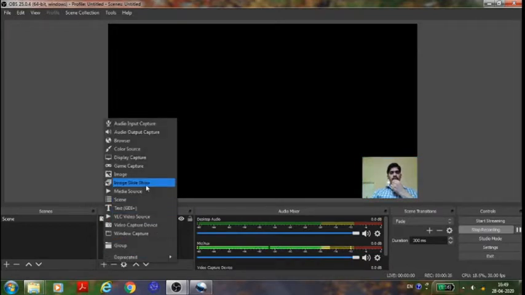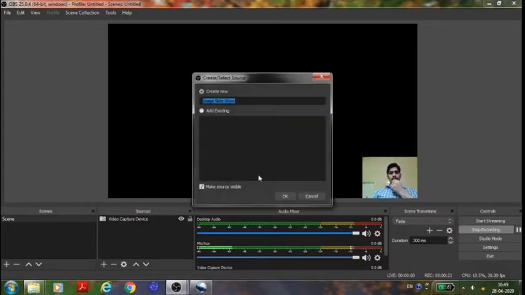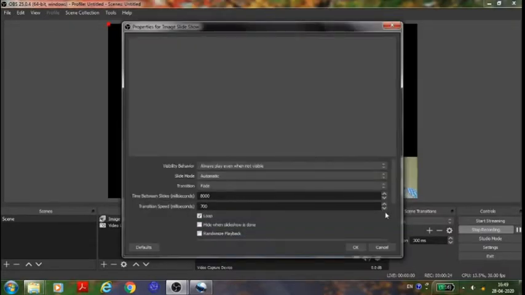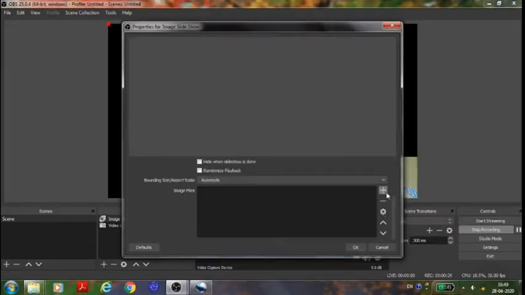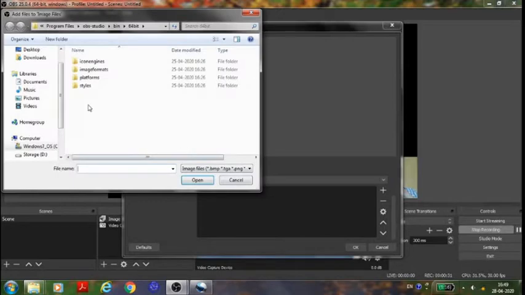I'm going to deliver one small lecture on Riemann integration using the image slideshow. It is similar to PowerPoint. The only difference is that there are images that you have to show.